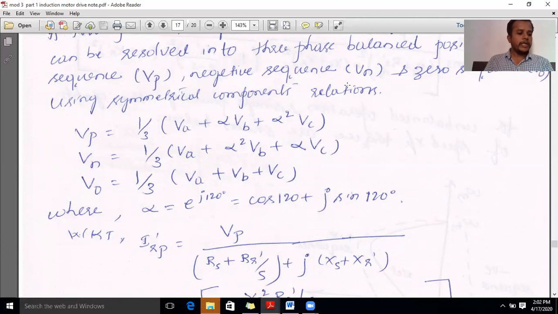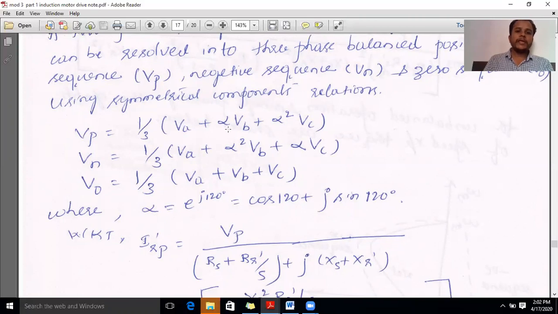By taking the help of sequence components, we can break down the unbalanced voltages V_A, V_B, V_C into positive, negative, and zero sequence components. Please remember, we are splitting V_A, V_B, and V_C into the positive, negative, and zero sequence components.